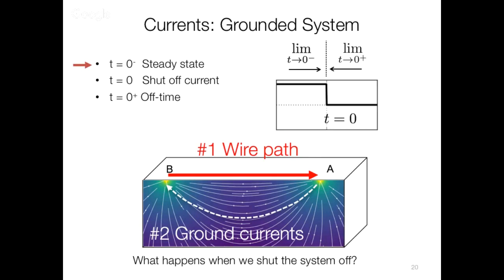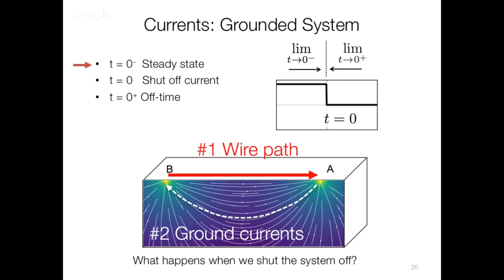The moment that current's turned off, I don't see anything different. And why is that? Because there's a current in the Earth that produces that field exactly. So there's going to be an image current. Well, it's actually a real current that's set up inside the Earth that now exists.